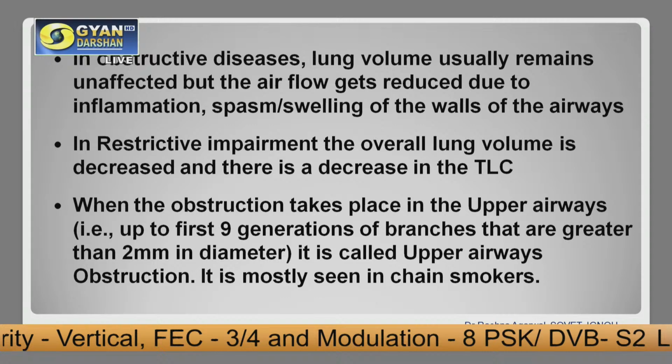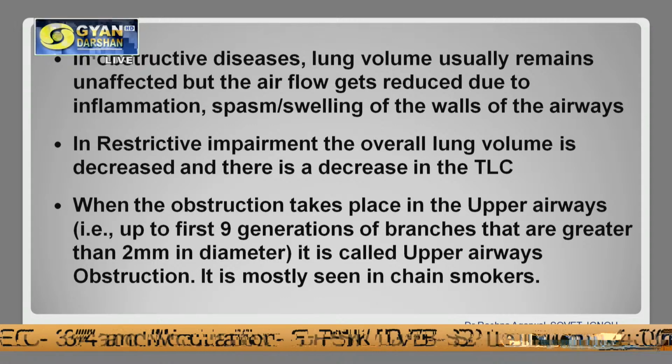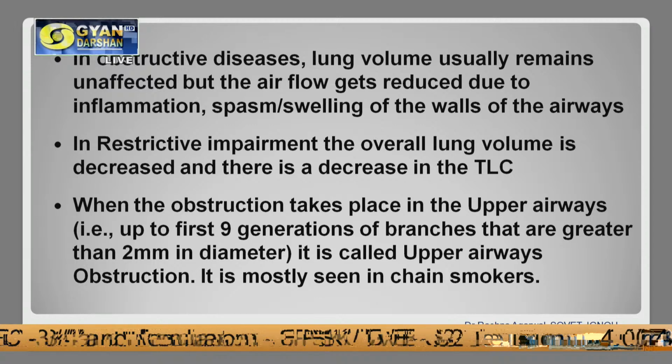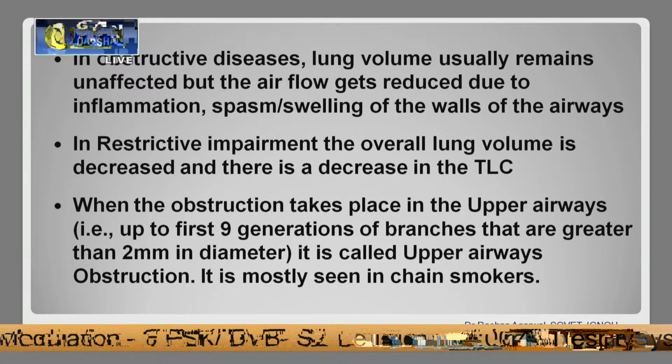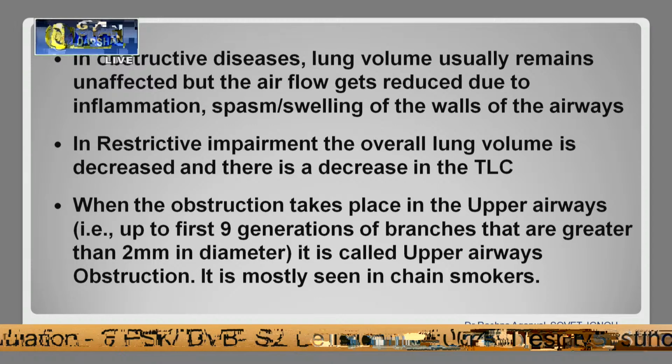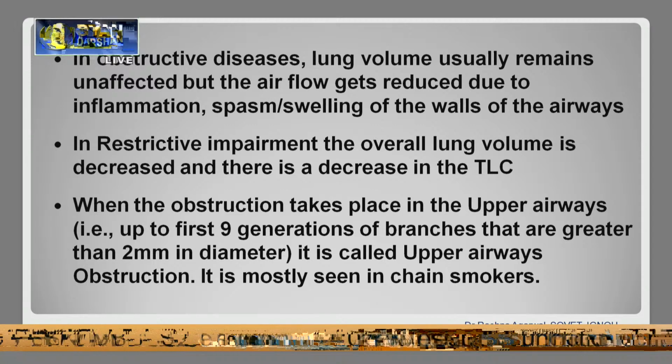Now we will see when obstruction takes place in the upper airways. That is, as you have seen in the earlier diagram, from the trachea, the bronchus was dividing into various smaller tubules. So each branch of the bronchi is called one generation.